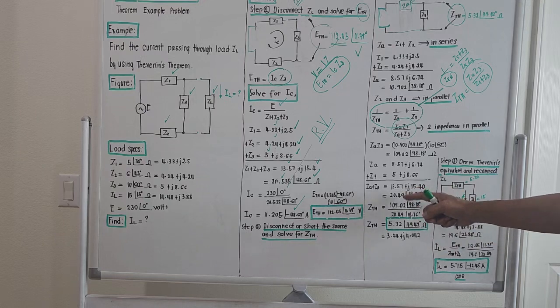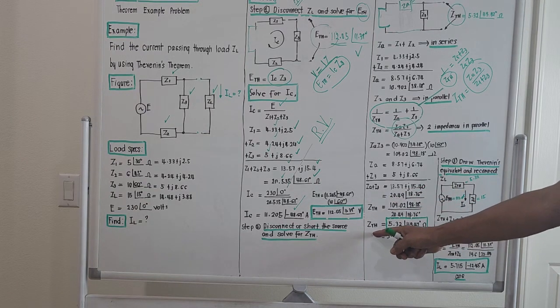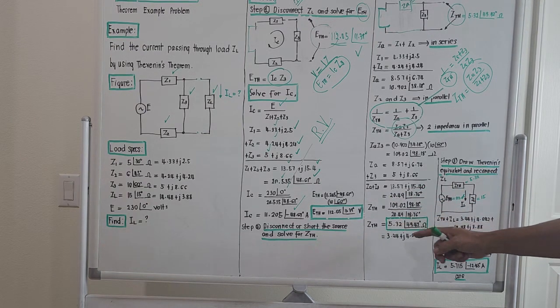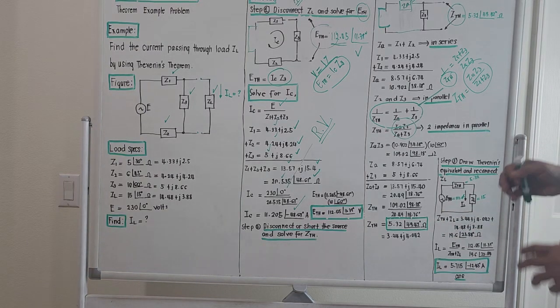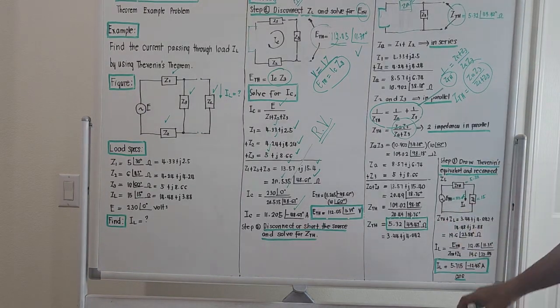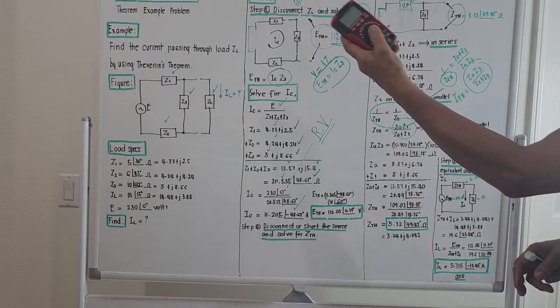Performing this, 109 over 20, the open circuit impedance is 5.32. The angle should be 98.18 minus 18.76. What comes out is 49.42 degree ohms.